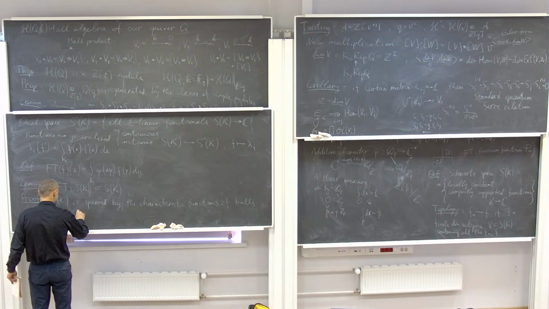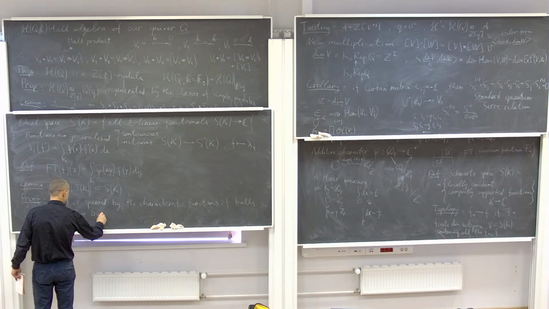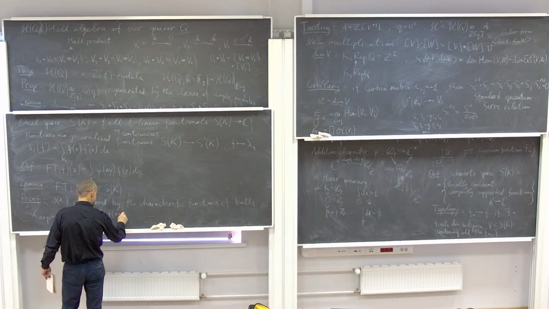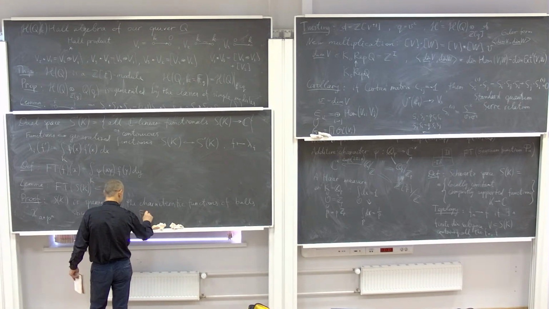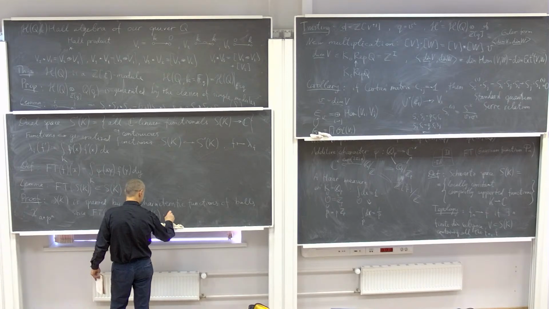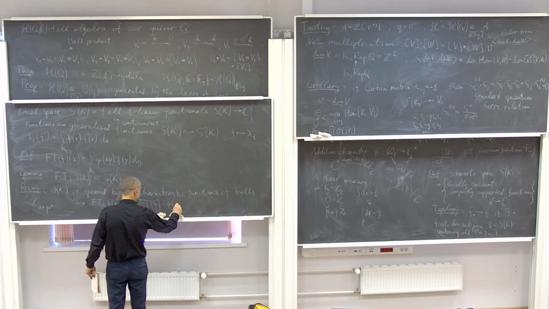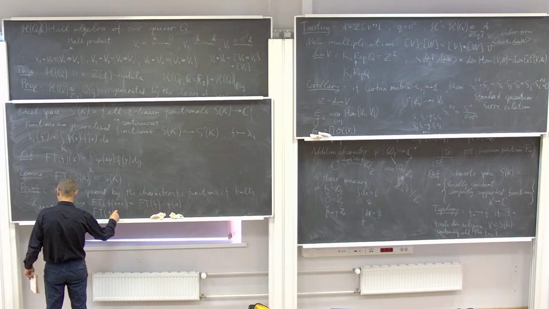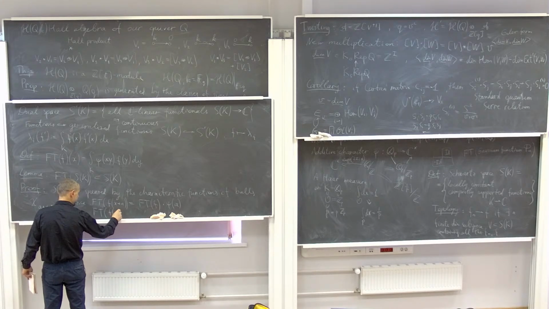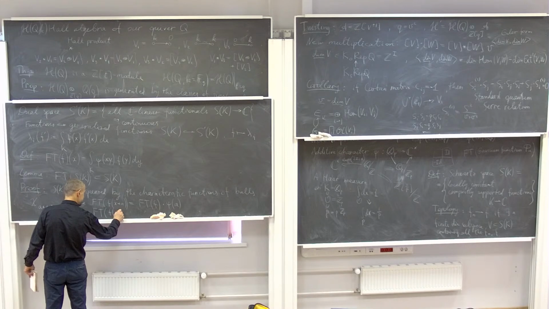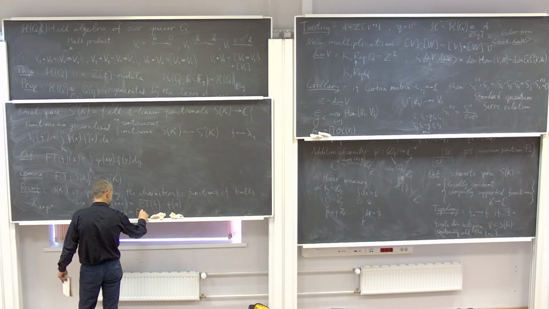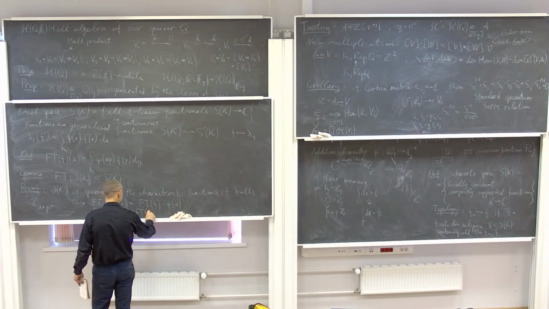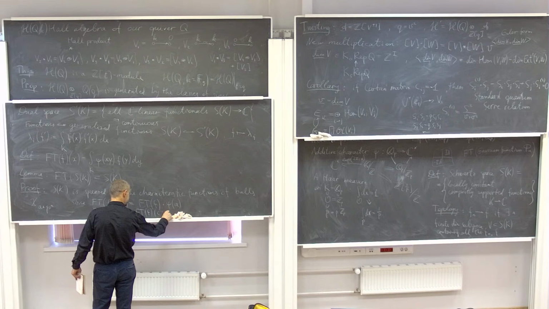Since for translations, the Fourier transform of f of x plus a is the Fourier transform of f times psi of a, and the Fourier transform of f of c times x is the Fourier transform of f of c inverse x, something like this.